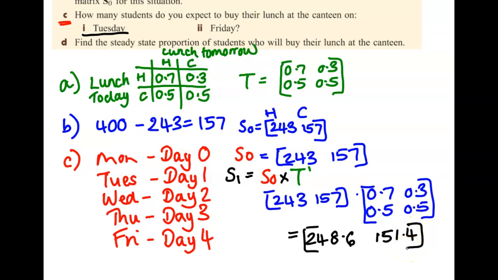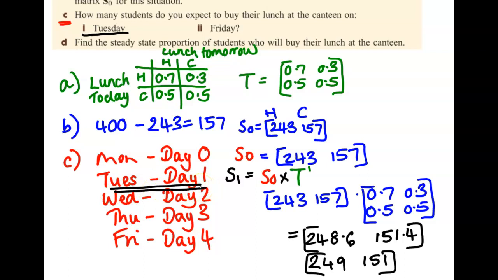Now we're actually talking about students. So bear in mind when we're talking about students, we don't actually want 248.6 and 151.4. A much nicer solution is 249 and 151. So we round mathematically to the whole number when we're talking about individuals. So that is how we would work out how many people we expect to eat at different places.